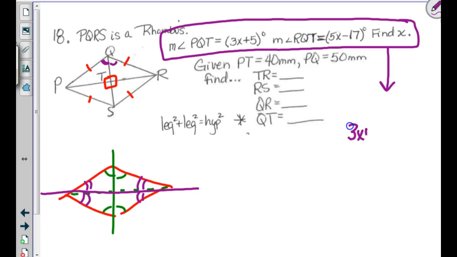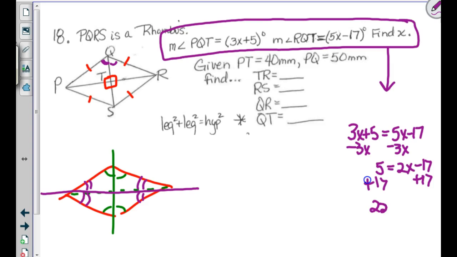So we have 3x plus 5 equals 5x minus 17. And again, if you don't want to solve it, just make sure you know how to set it up. As long as you know those are equal, you should be able to find x.